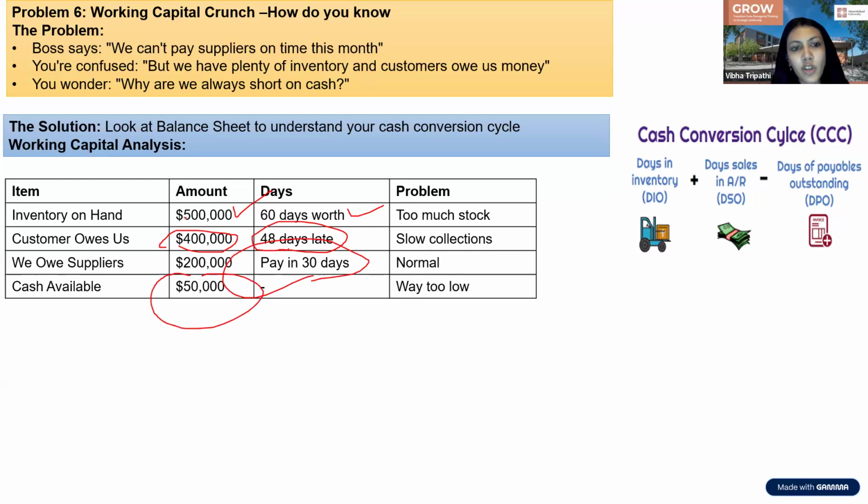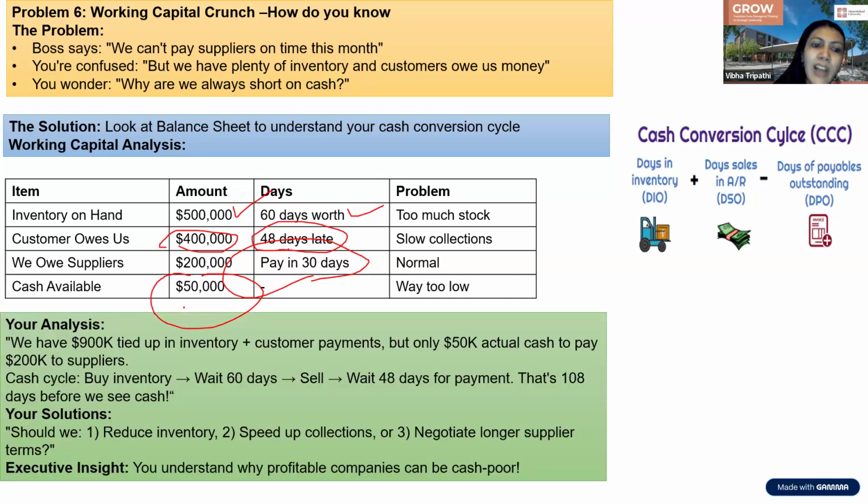How? Your customers owe you 4 lakh, but you have not received it, right? So if your cash available is 50,000, that's too low to pay back to the customers. Now, what you should do in such situation, the only way to go ahead is you'll have to calculate your cash conversion cycle.